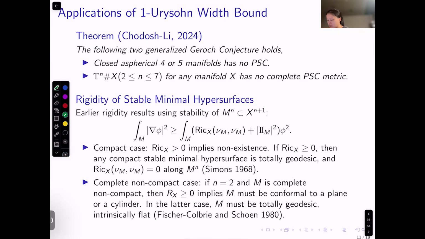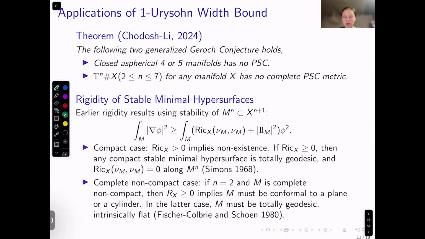And in another direction, you can also try to leverage the linear growth you obtained using mu bubble for PSC manifolds, and combine this with the second variation to prove rigidity of stable minimal hypersurfaces. So we've mentioned that in the compact case, we have these classification or non-existence results.